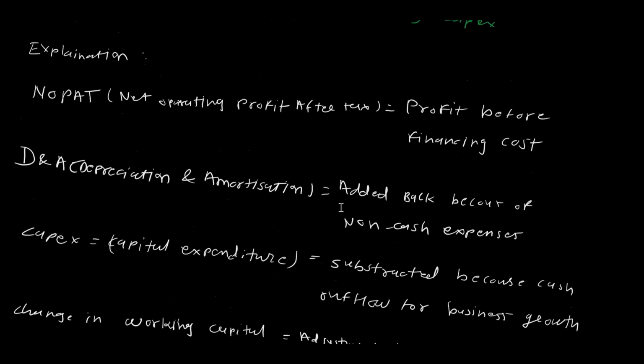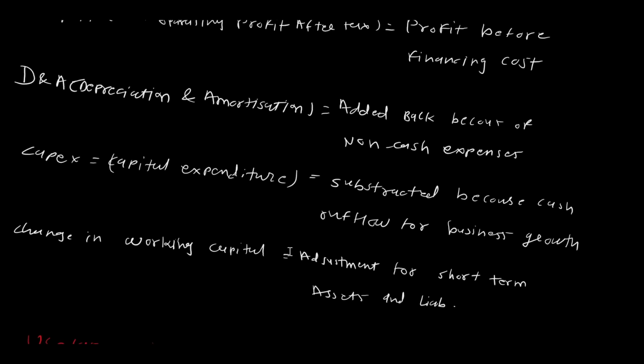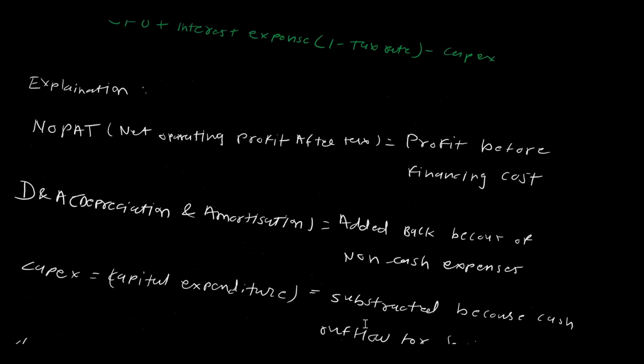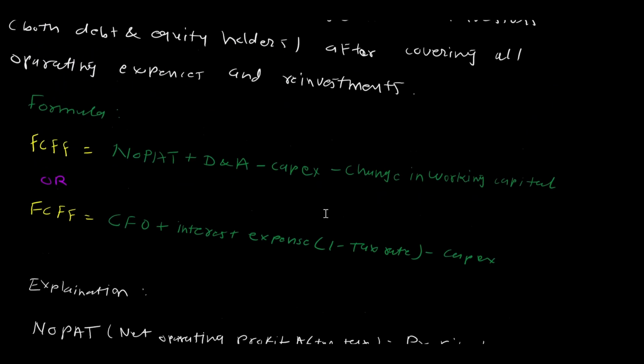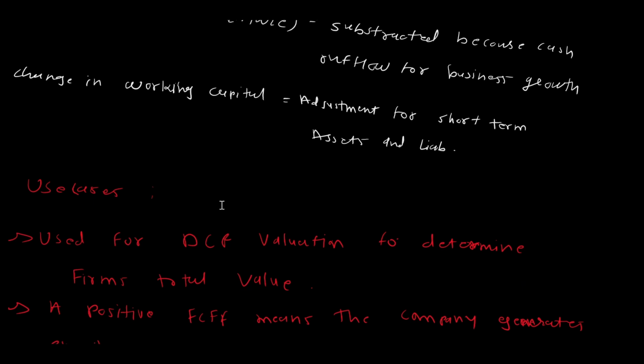Capex is subtracted because it is the cash outflow for the business growth, and change in working capital is the adjustment for the short-term assets and liabilities. And we will do the example after discussing the other method also.